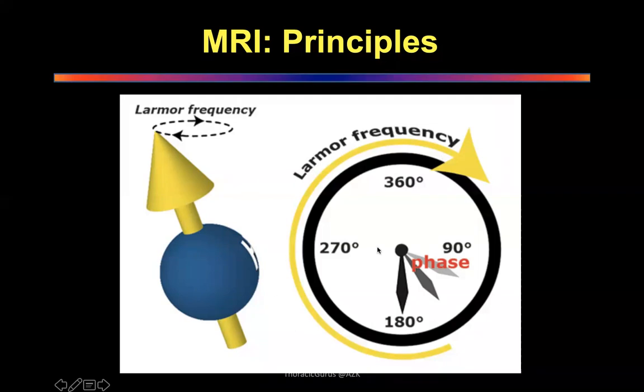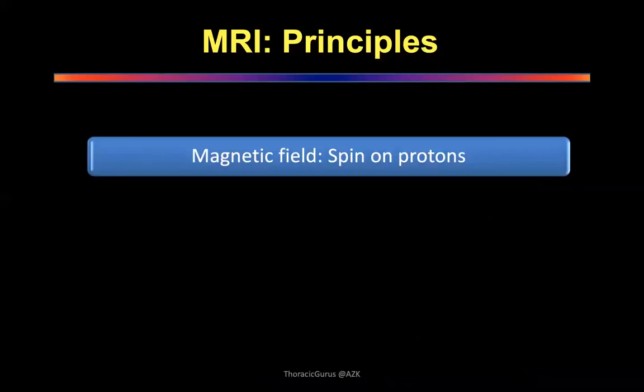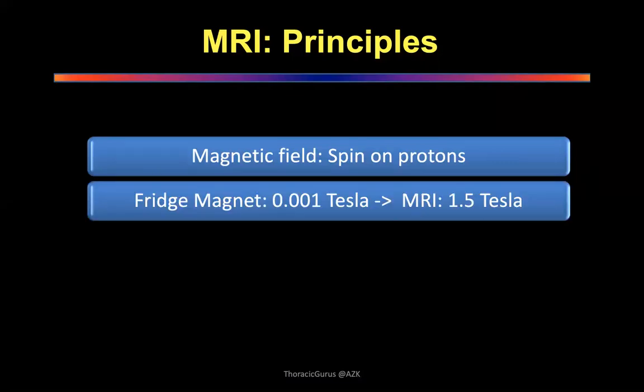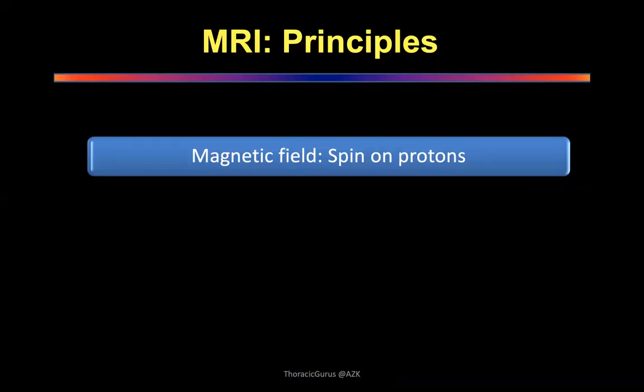The hydrogen atom has a shaky movement and it moves. The MRI principle is that a hydrogen atom is called a proton because it's got a plus sign to it, okay? Every time you apply a magnetic field, the proton shifts to align itself to the strong magnetic field, okay?